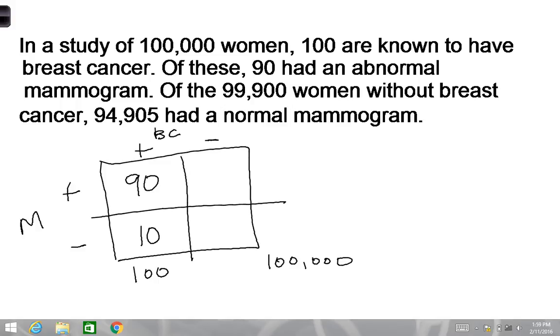Next, we want to take the 99,900 women without breast cancer, and we'll put that here. And 94,905 of those women had a normal mammogram, so we'll put that number here.